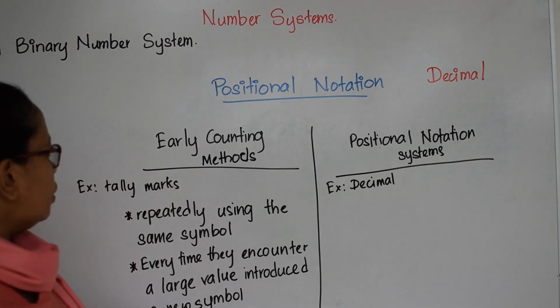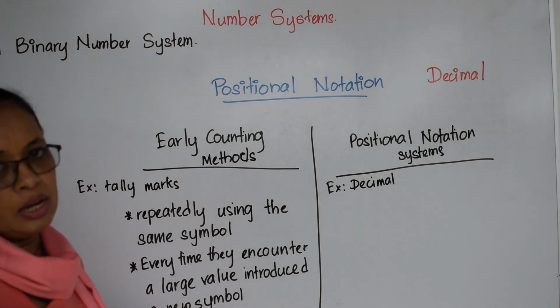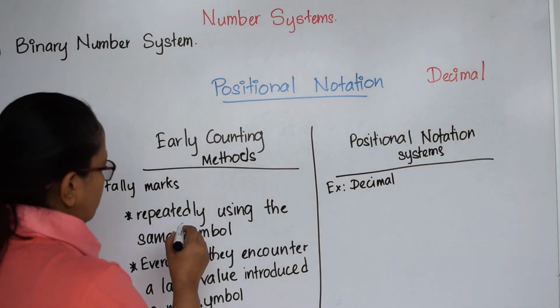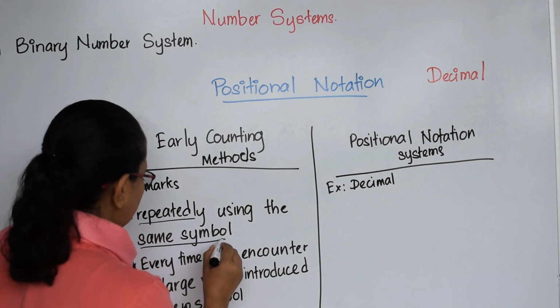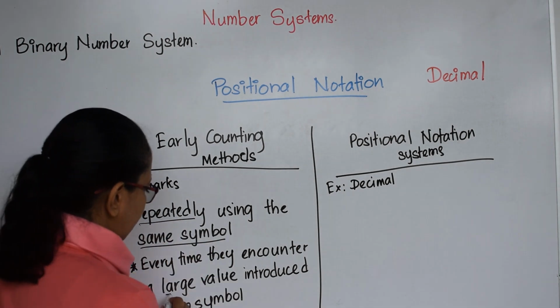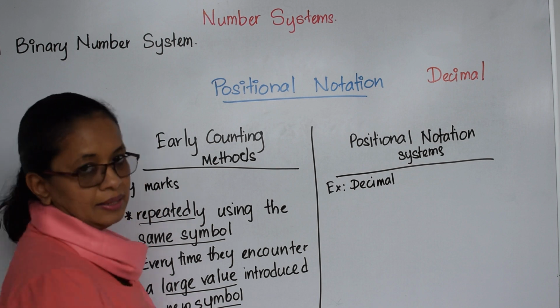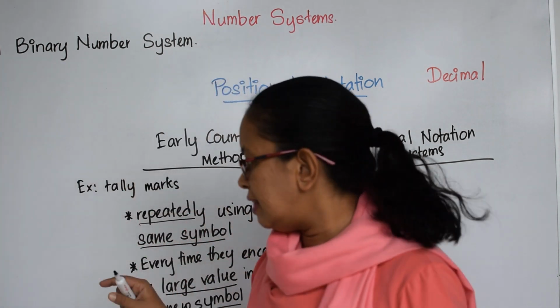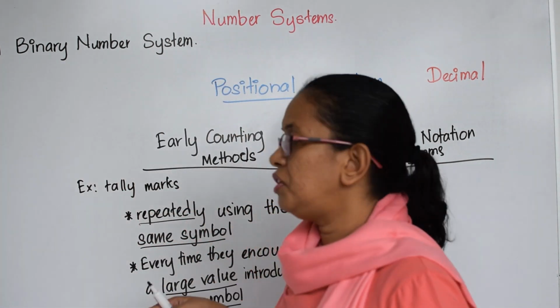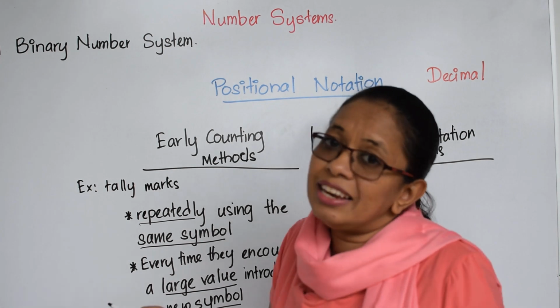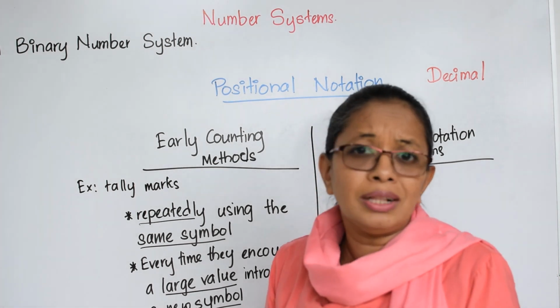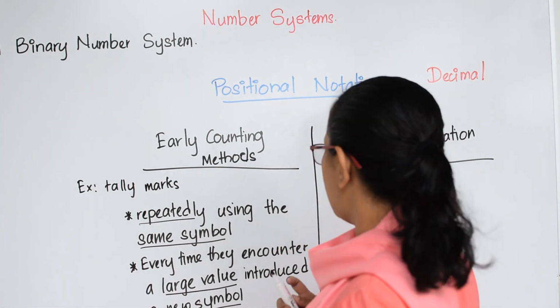So that is what happened with the early counting systems. Because of that, the symbol list grew larger, and it proved to be difficult to remember all these new symbols at the same time.